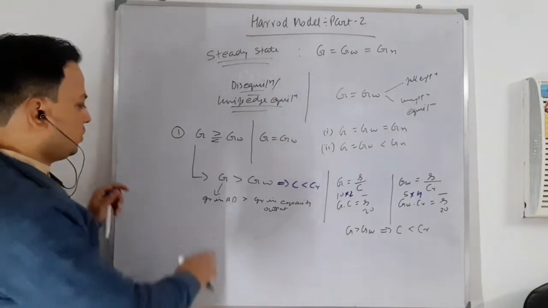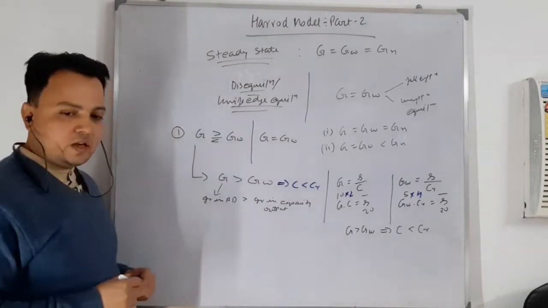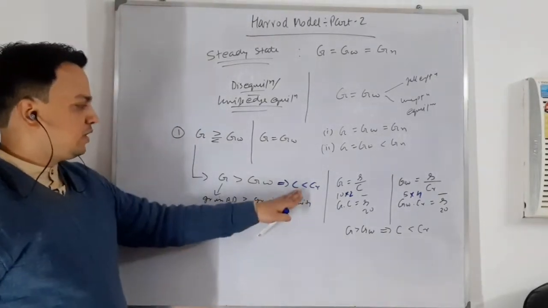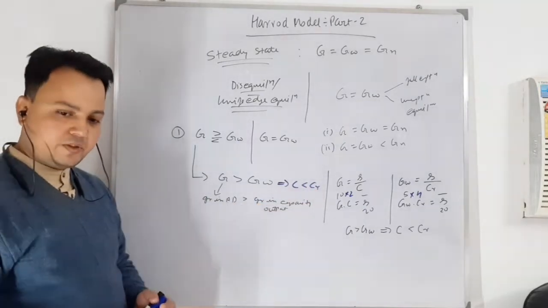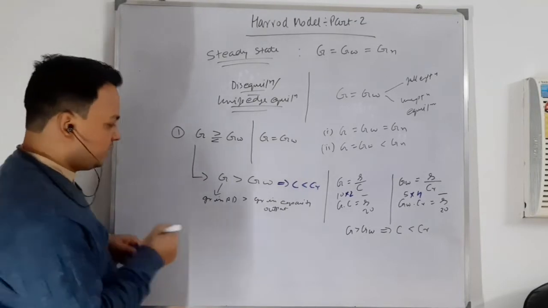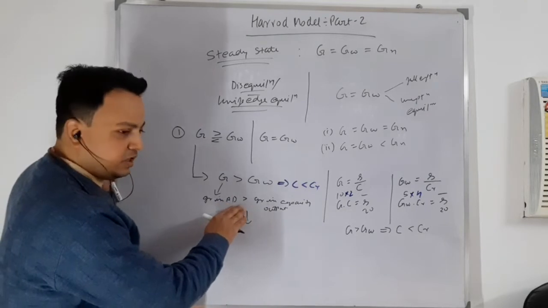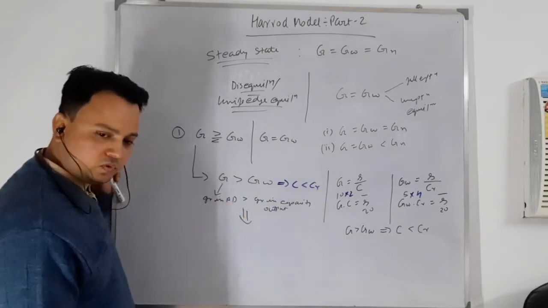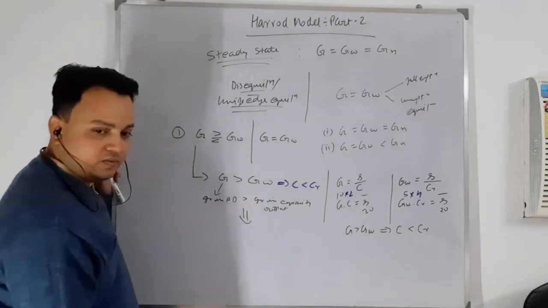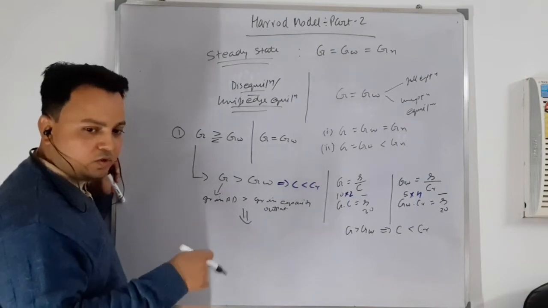So when your growth in aggregate demand is more than growth in capacity output, then we see that in the economy, actual capital stock will fall short of your required capital stock. Here, in every period, economy will experience inflation. Why will the economy experience inflation? Because growth in aggregate demand is more than growth in capacity output. So in every period, when the economy is growing, economy will experience inflation. Since we are talking about economic growth, we are talking about long term.